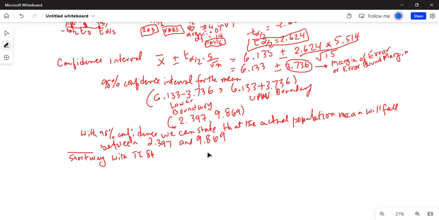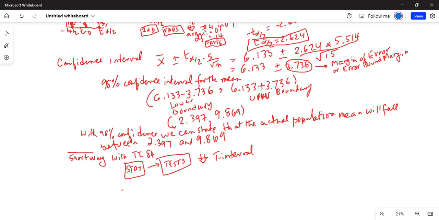Okay, so let's press the stat button. Then highlight the test button, move the cursor in the top line to test. And then scroll down with the down arrow key to TInterval and hit enter.